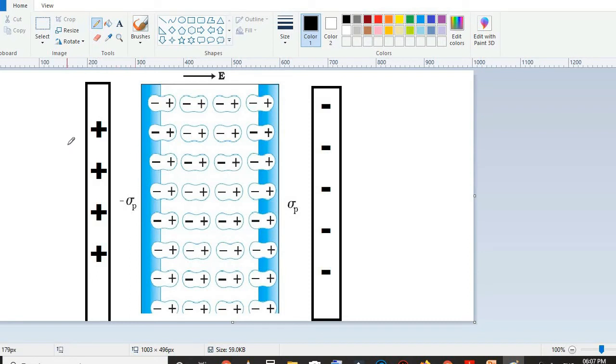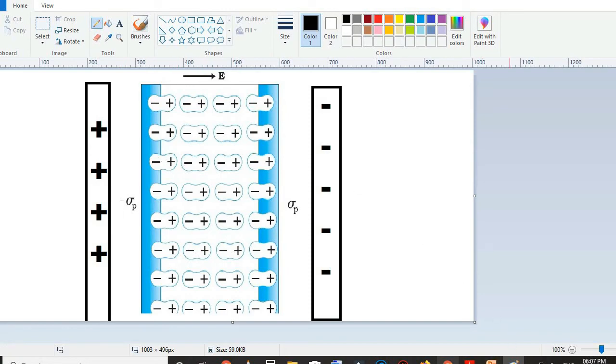Once more, when sigma increases, E increases. When E increases, polarization will increase. Polarization increasing, sigma P will increase. Thus, sigma increased, sigma P also increased. Therefore, sigma minus sigma P will increase.